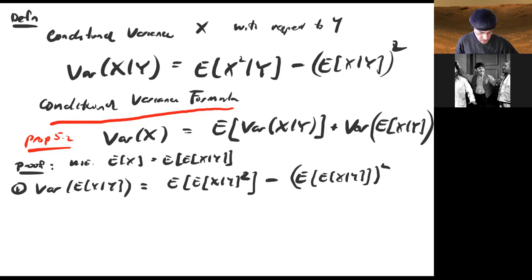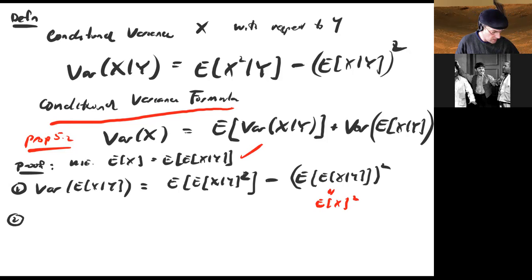But now we know that this term here is E of X quantity squared. We saw that from here. Okay, so that's the second term on the right side. Now let's go to the first term on the right side.